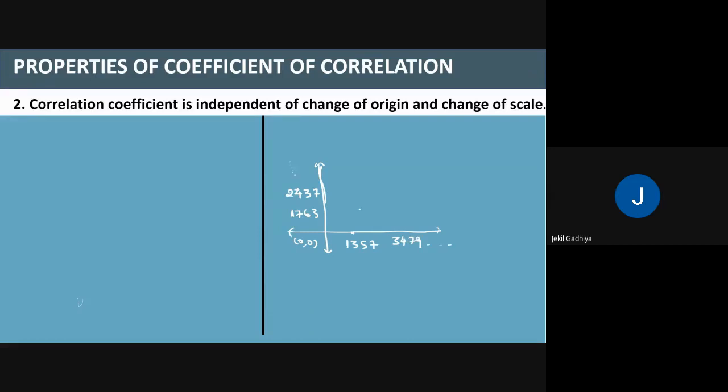now if you connect all this data, then there is no problem. But if you consider a new origin instead of 0, 0, suppose we have origin 1000 or 1200, it is easier than this. So suppose we consider the origin as 1000.